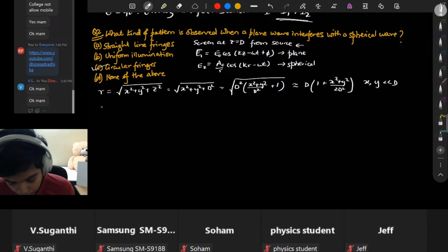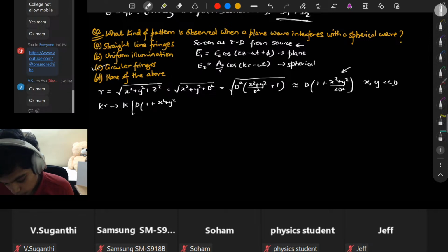In this approximation, we will replace kr with kd plus, so r we replace by this expression over here. So kr goes to k into d times 1 plus x squared plus y squared over 2d squared.